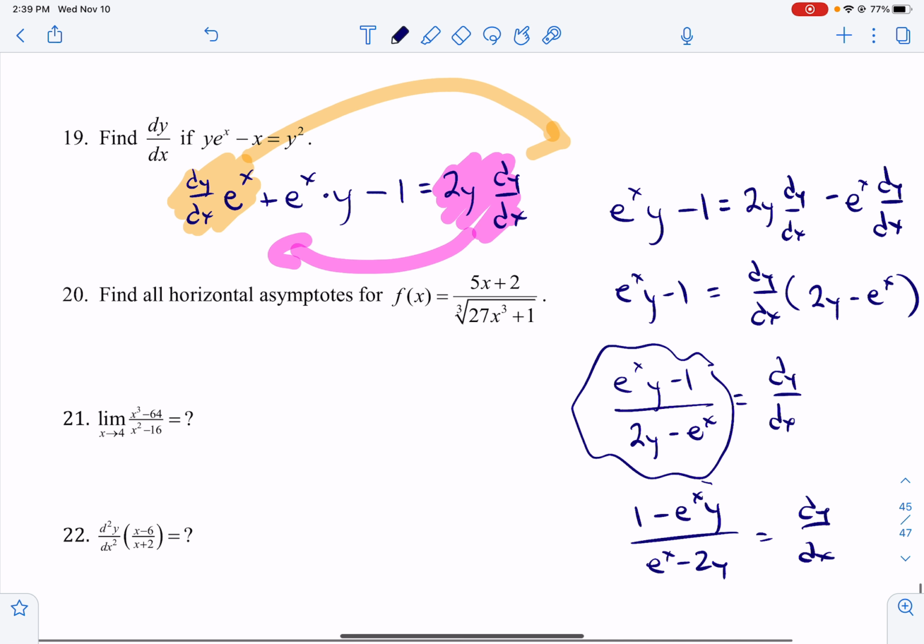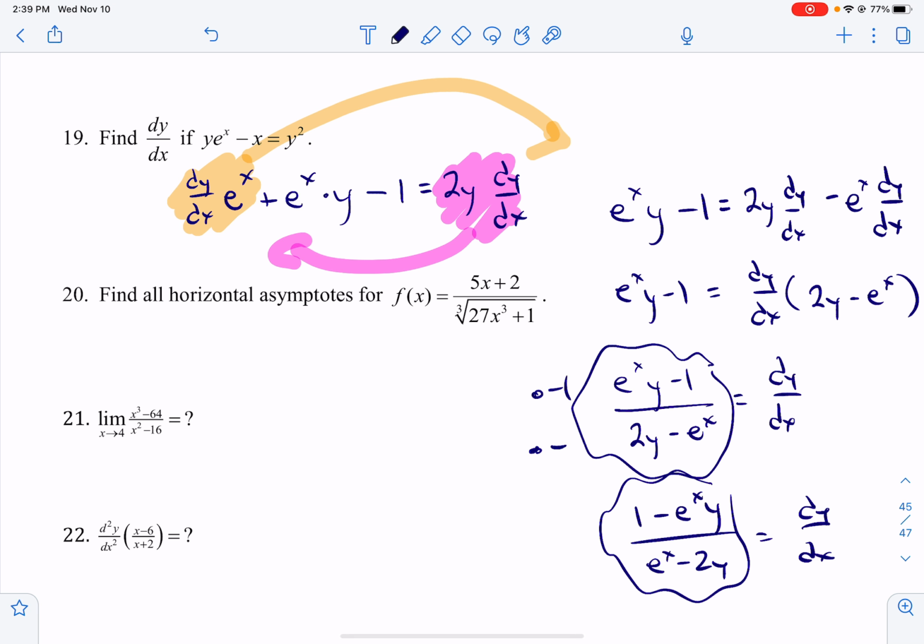Those are the same answer, just written in a different way. So if you get to the multiple choice and you don't see yours, double check that it's not just written a different way. Basically, we multiplied the top by negative 1 and the bottom by negative 1, so the signs changed. That's all we did.